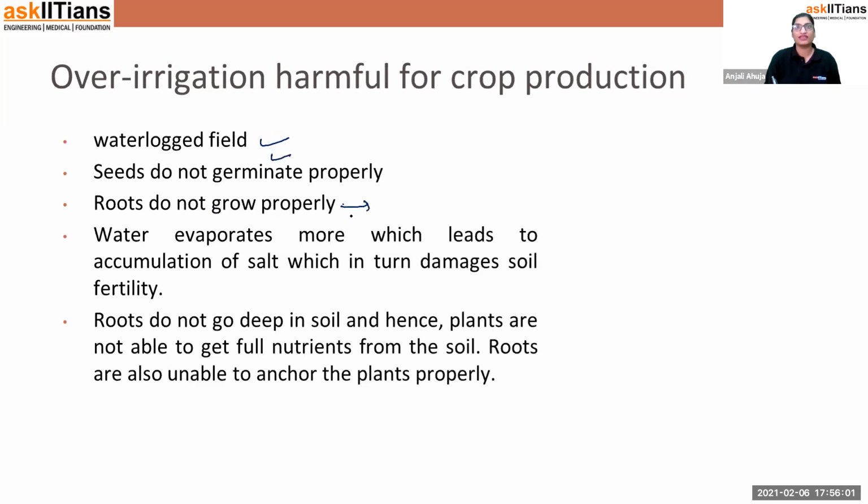That's so true. They will not get enough space. Roots grow inside the air spaces through the soil. You just try to move in that direction. They're not having any space. It's just water everywhere. It's not going to grow. Water evaporates more, which leads to accumulation of the salt. Now imagine over irrigation has been done. Obviously, all the fertilizer is going to be on the layer above the layer of the water.